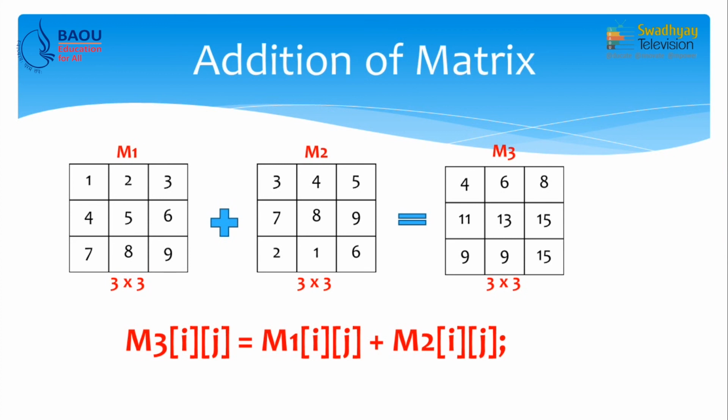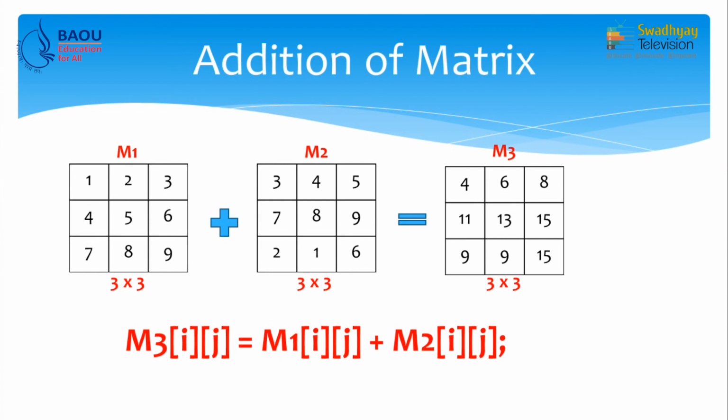Here you can see that the first matrix is M1 and it is of size 3 by 3, and the second matrix is M2 which is also of size 3 by 3. The addition of these two matrices results in another matrix called M3.